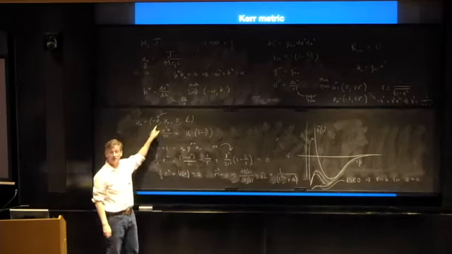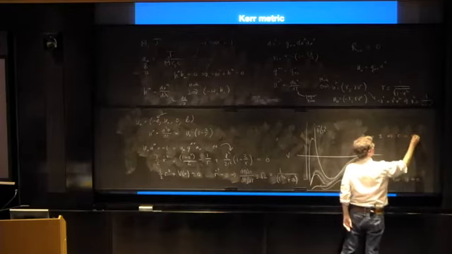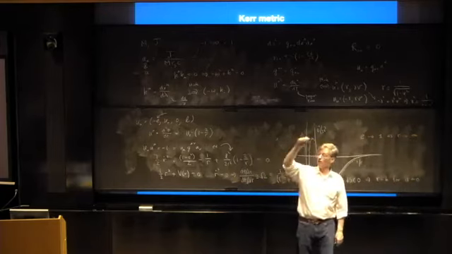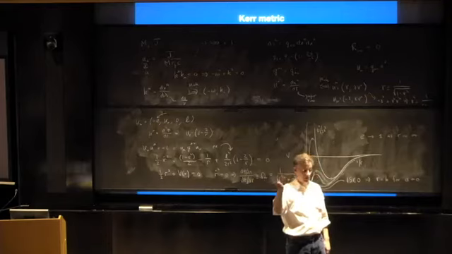Okay. So E goes to 1 as r goes to infinity. That means that when you're far from the black hole in a circular orbit, almost all the energy is in the form of the rest mass of the particle.